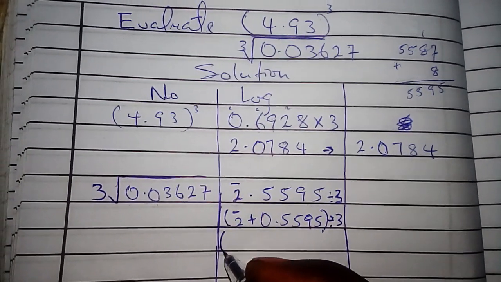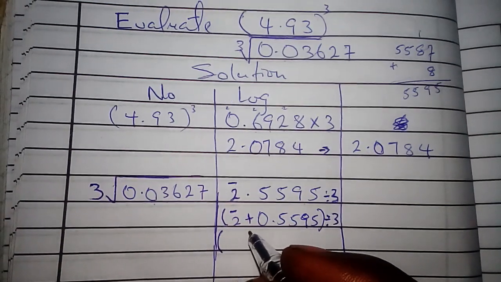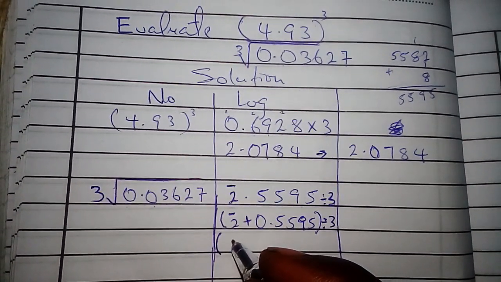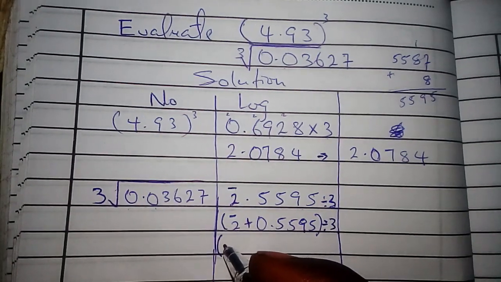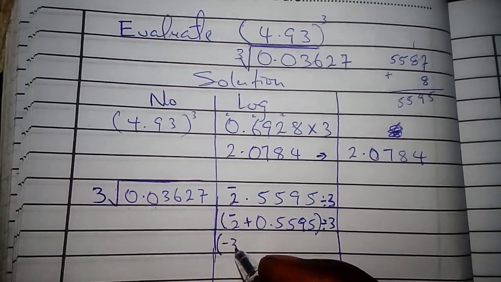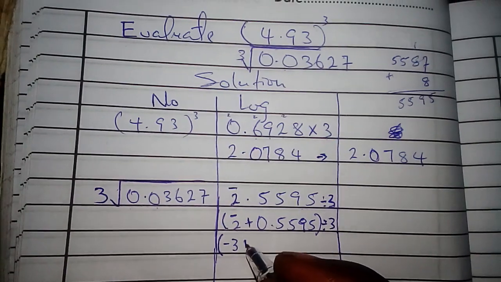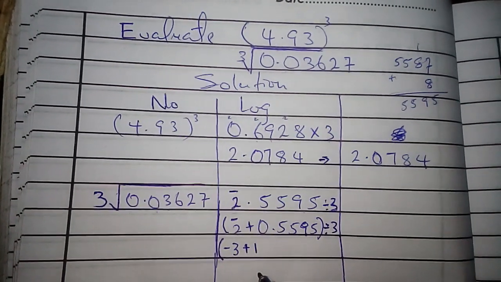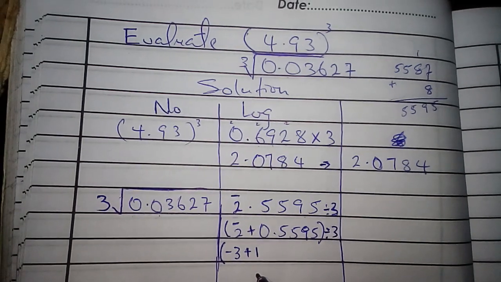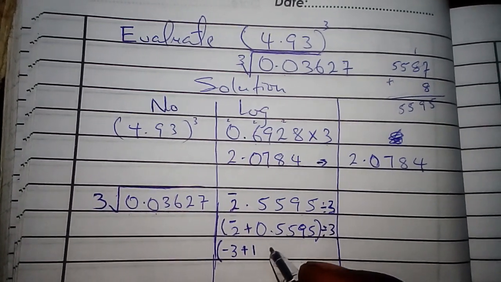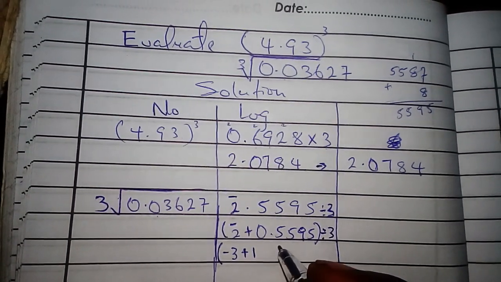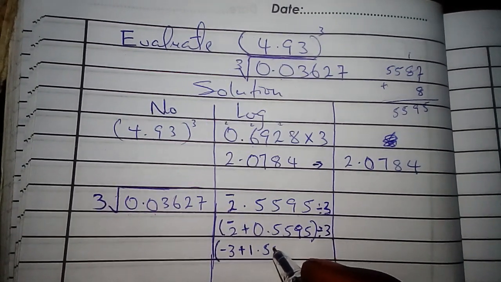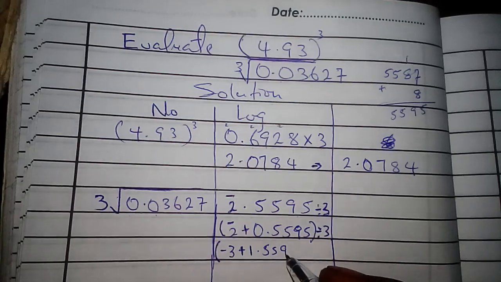So let's open brackets and see. Okay, minus 3 plus 1 point 5595.